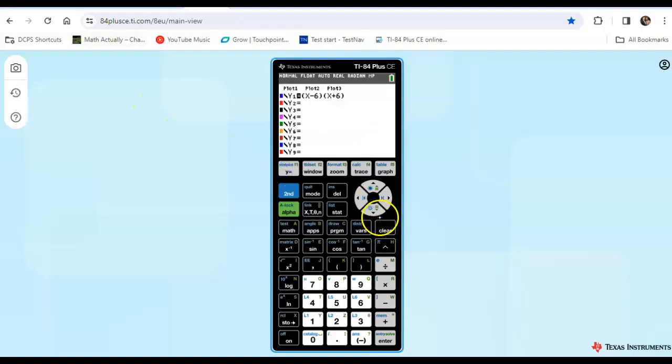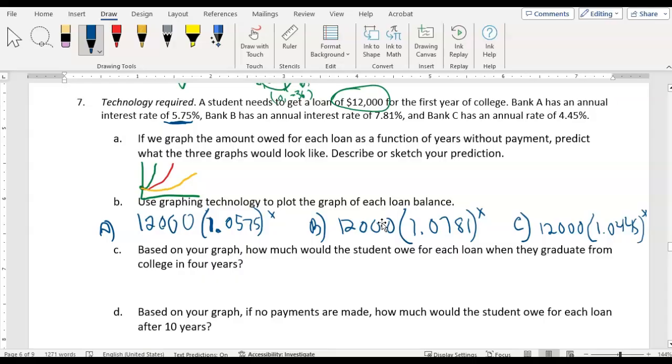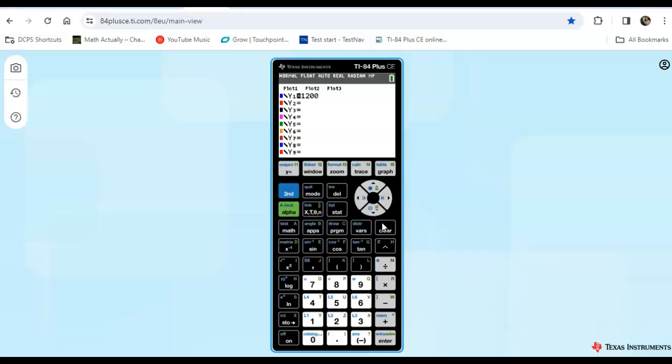So I'm going to go back to my y equal. Let's clear out what I had before. Let me just shift back so I don't forget. 12,000 times 1.0575 is the first one. And then we're going to go to the power of x.